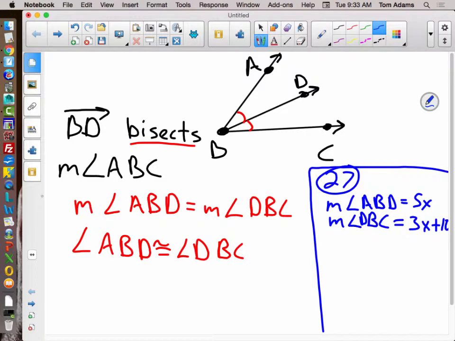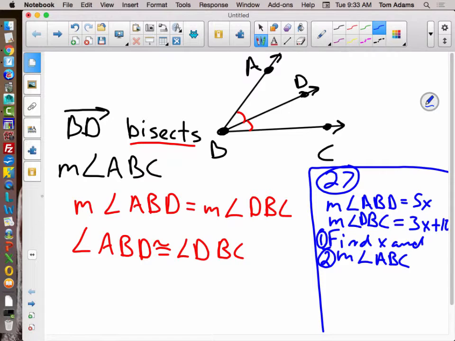And they ask us to solve for x, and then go through and find the measure of angle ABC. So we got to find x and the measure of angle ABC. So we got two tasks, 1, 2. Okay.